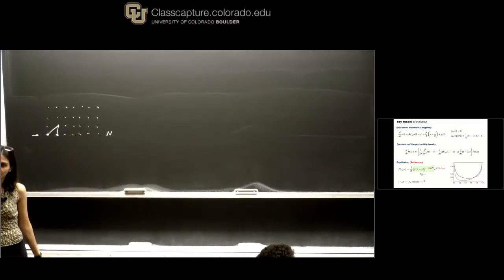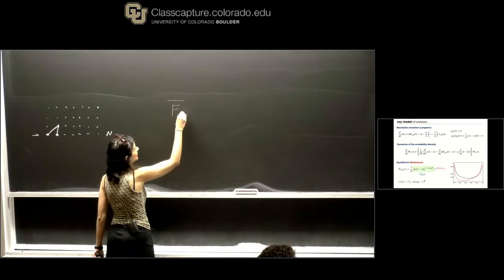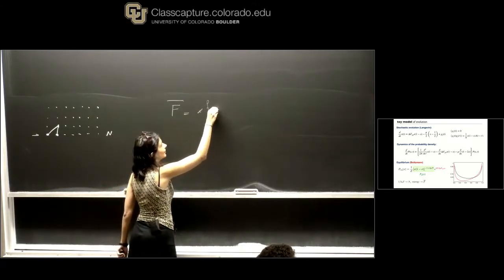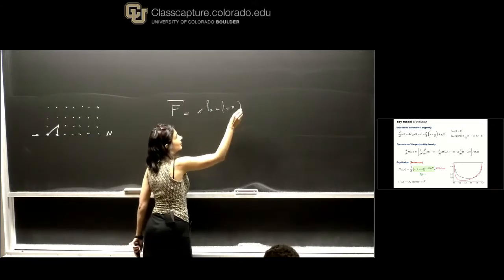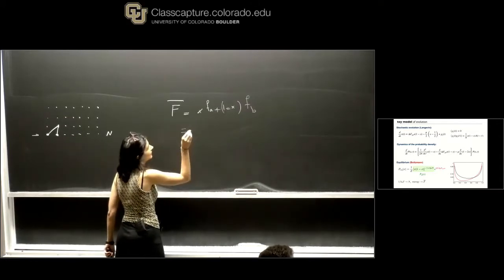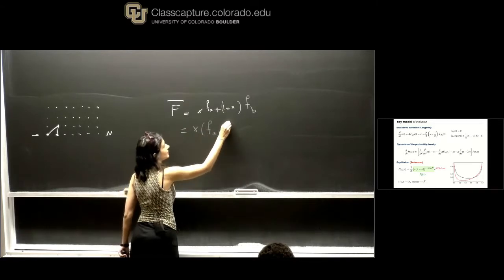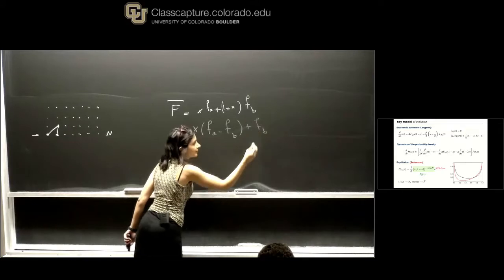So if I were to calculate the mean fitness, it's basically x times fa plus 1 minus x times fb, which is x times (fa minus fb) plus fb, which is a constant, so it doesn't matter.